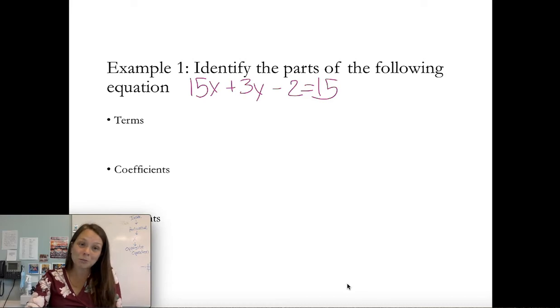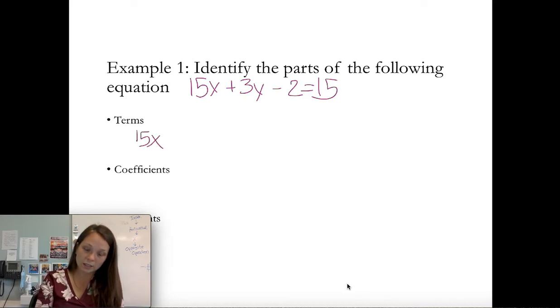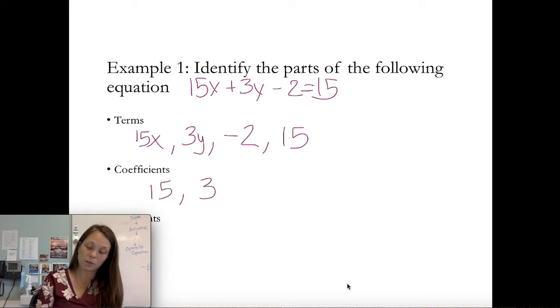At this point, you should have paused the video, so our terms would be 15x, a positive 3y, a negative 2, and 15. Our coefficients are 15 that's attached to the x and 3 that's attached to the y, and constants are negative 2 and 15.